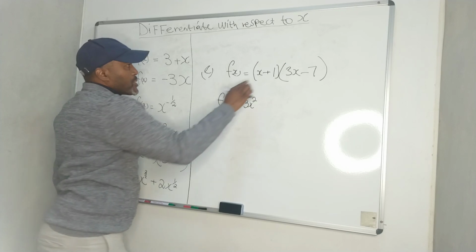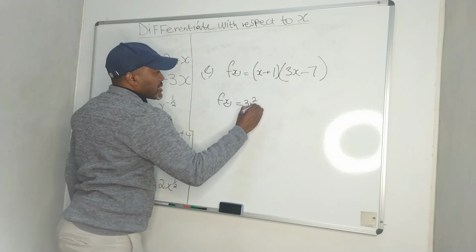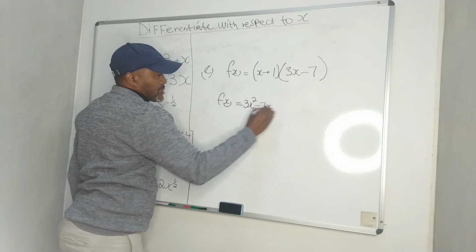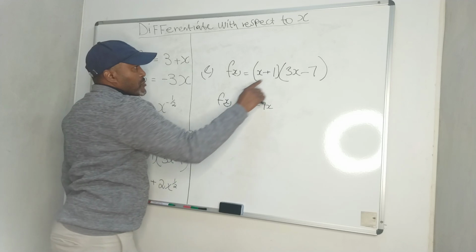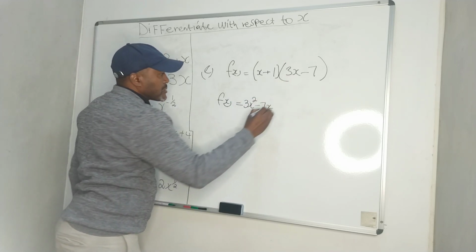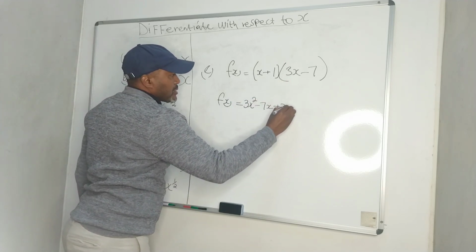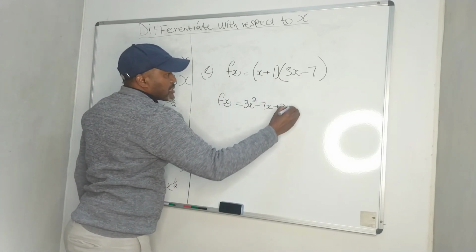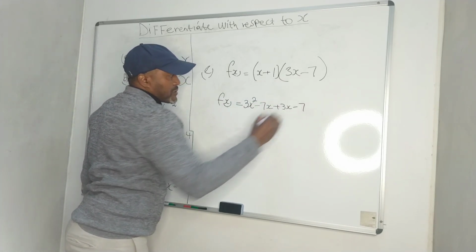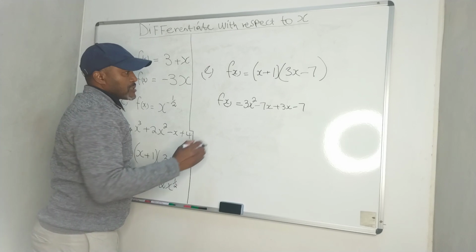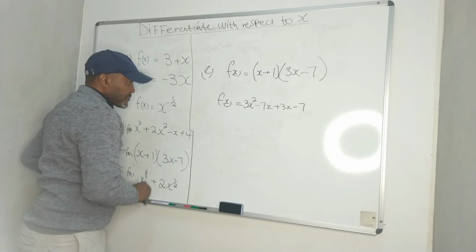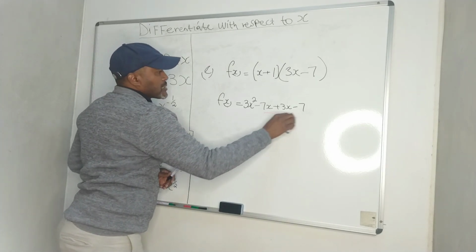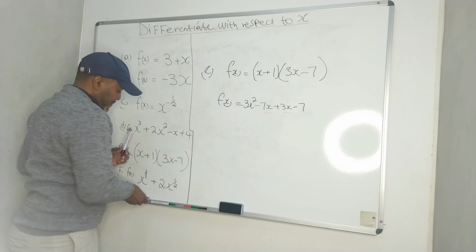X times -7, I get -7x. 1 times 3x, I get 3x. 1 times -7, I get -7. Okay, then I'm going to add what? Like terms. These are like terms. I'm going to add them.